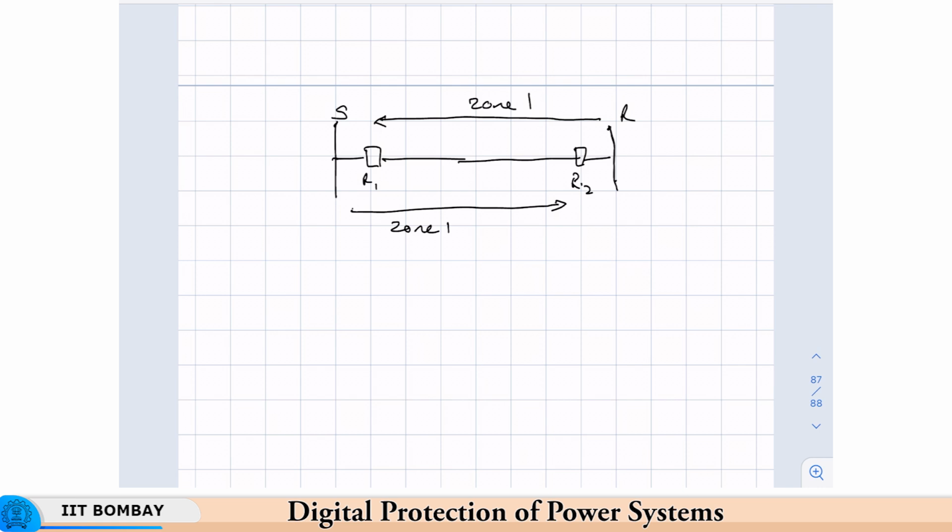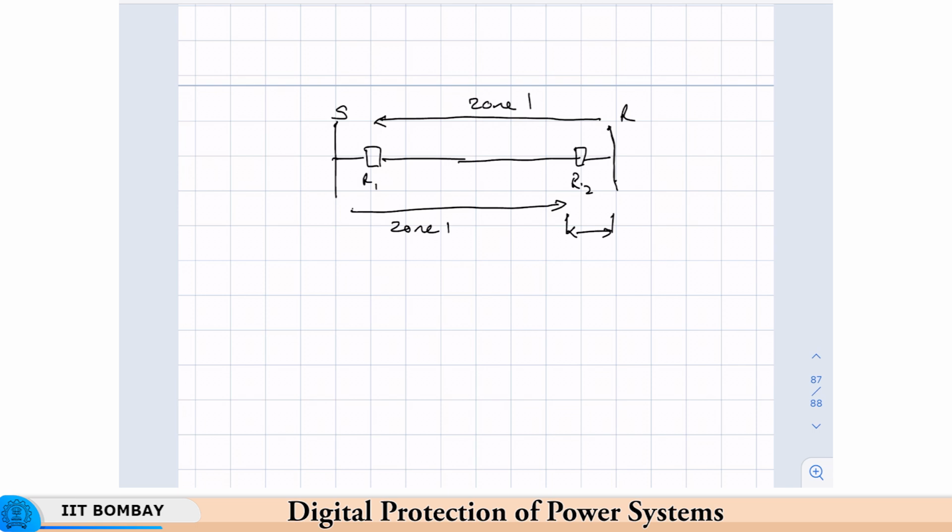But if you see here, this part of the line, maybe 15 to 20 percent, the primary protection here has slowed down. Now, for transmission lines at extra high voltages, 132 kV, 220 kV, 400 kV, even 765 kV, the primary protection is indeed distance protection.